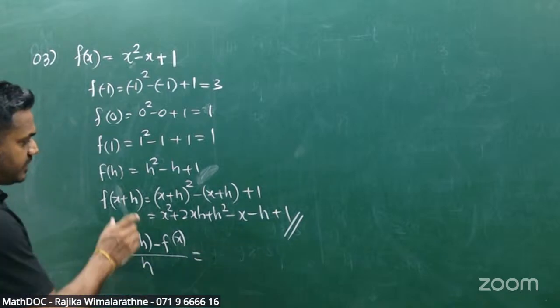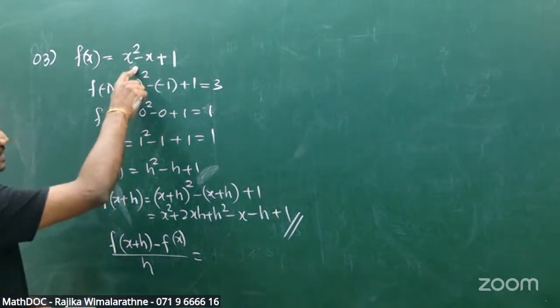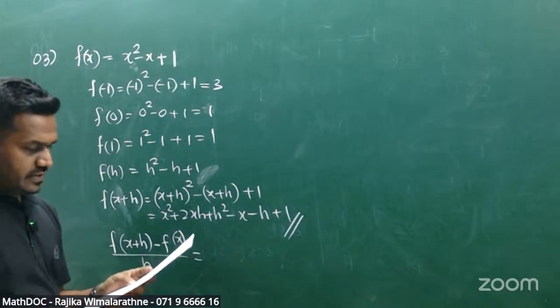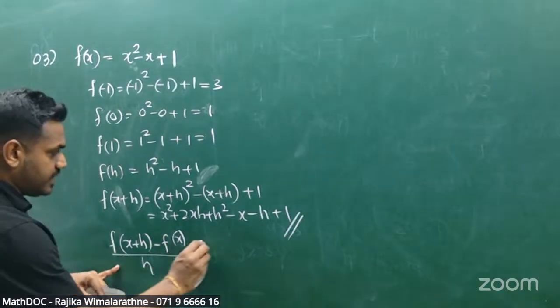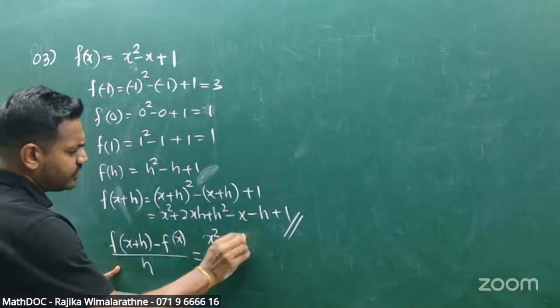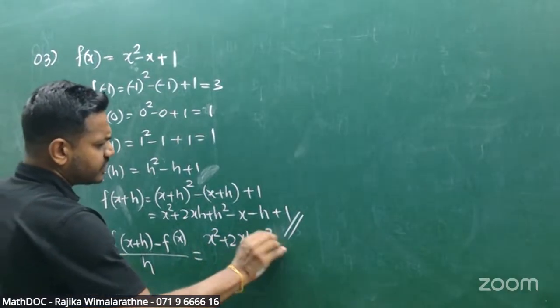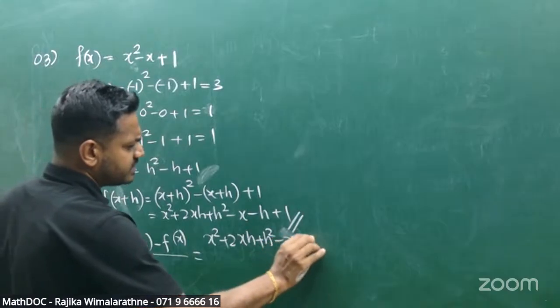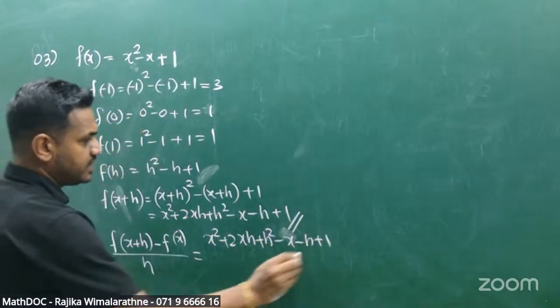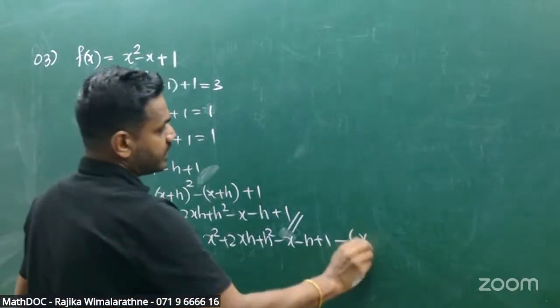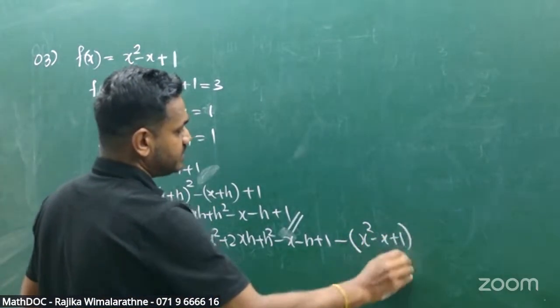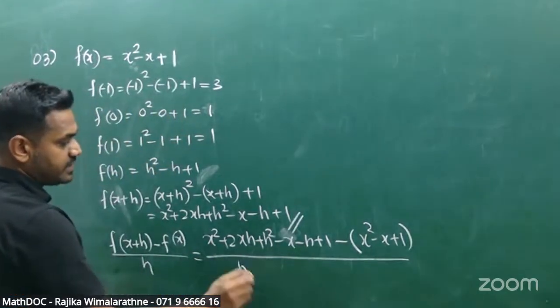We know f(x plus h) and we know f(x), then you substitute. Here x squared plus 2xh plus h squared minus x minus h plus 1, minus f(x), which means x squared minus x plus 1. Then divide by h.